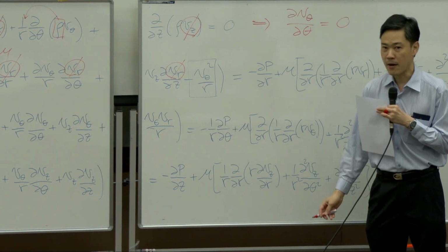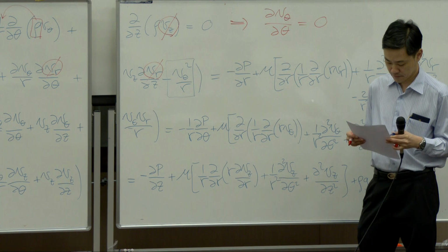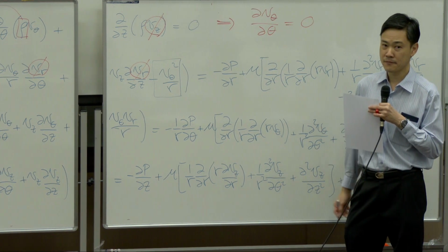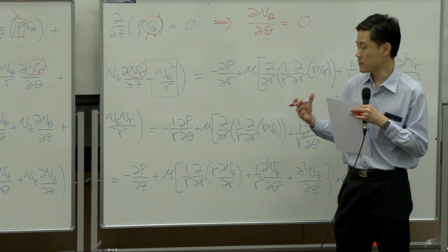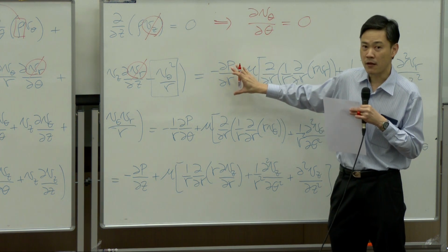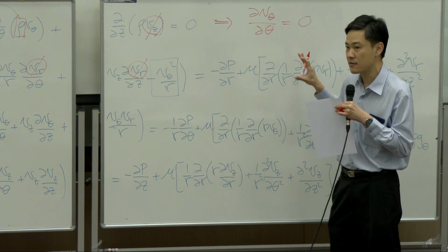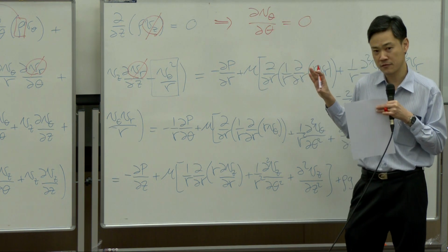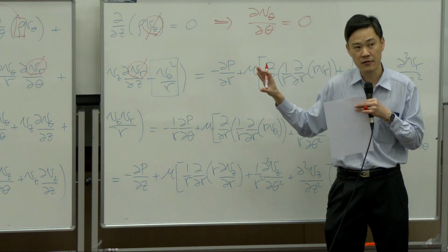Pressure. How about pressure? Do we have pressure in R direction? If you do not know, if you are not sure, keep it for a while. Just eliminate the terms that are absolutely 0 first. And then we deal with the complication of the equation later.